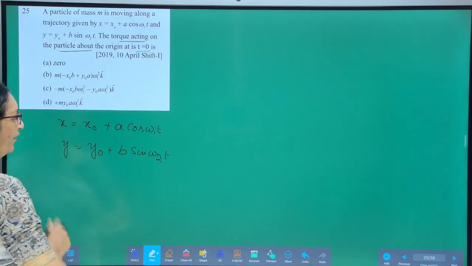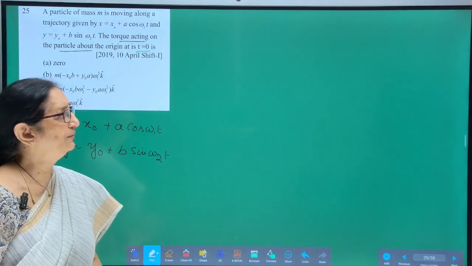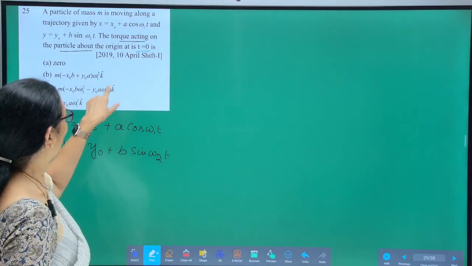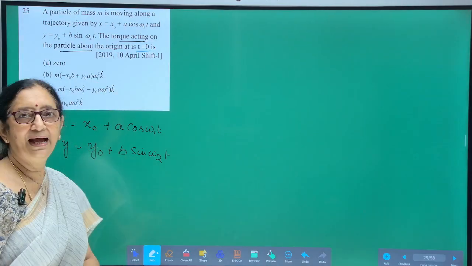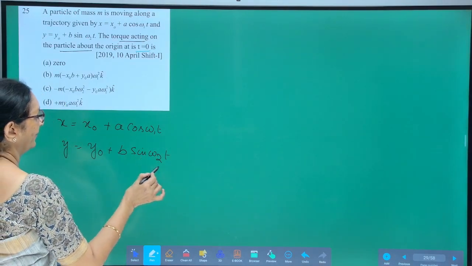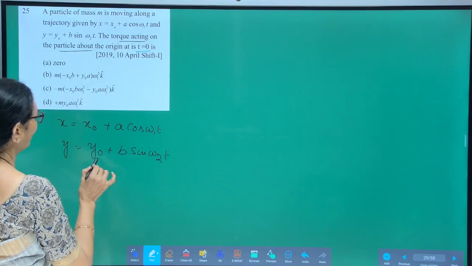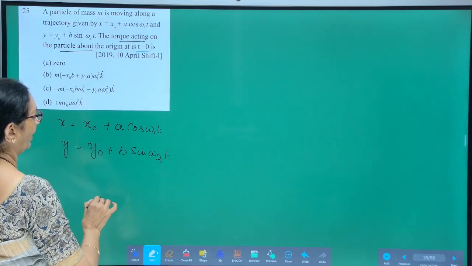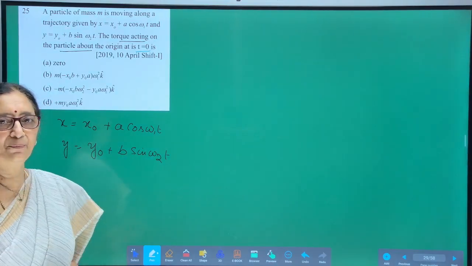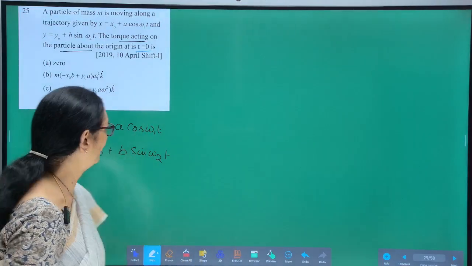So, first of all, you are supposed to find torque at t is equal to 0. So, let us write r bar at t is equal to 0. If t becomes 0, sin omega 2t becomes 0, so the y component becomes only y naught. Cos omega 1t becomes 1 because cos 0 is equal to 1.